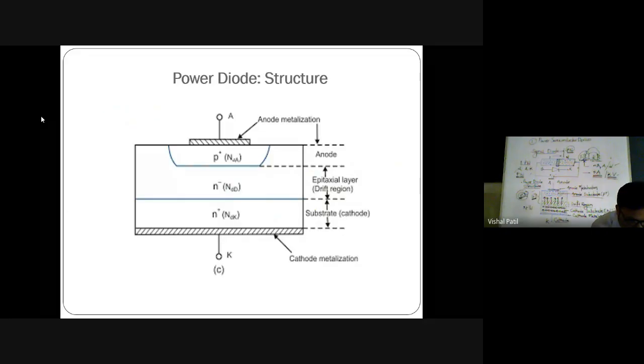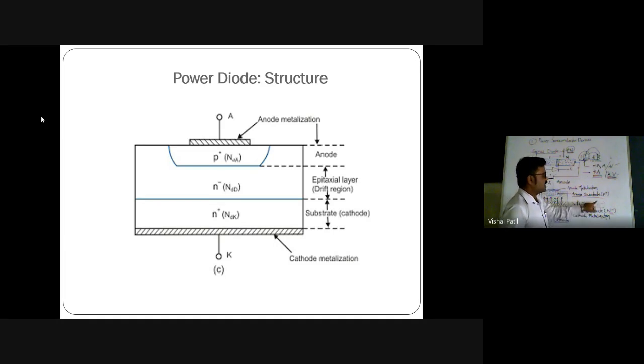So this structure we already studied. You can observe there N plus, and in the drift region you can mention N minus. N minus means that in the drift region the cathode substrate is lightly doped. It will grow from the lightly doped N substrate or cathode substrate towards the anode substrate, which is heavily doped.